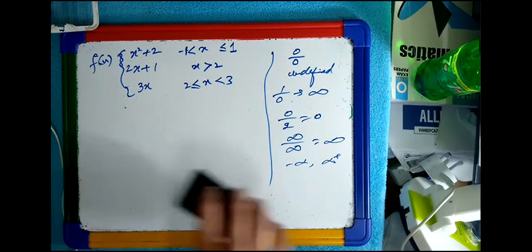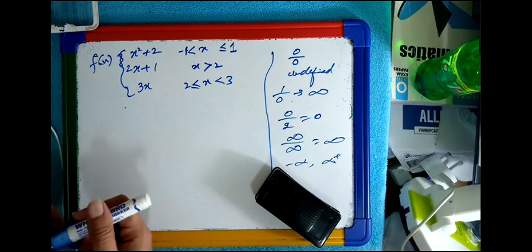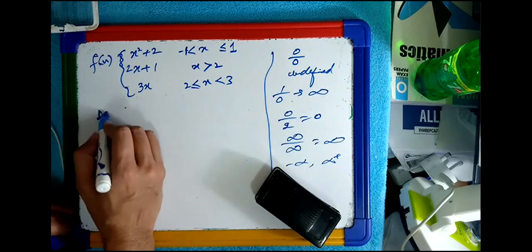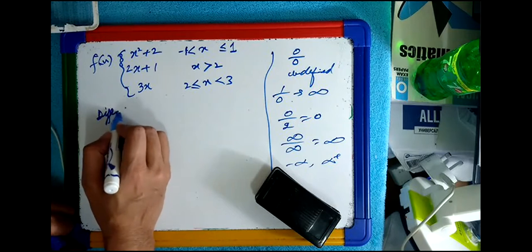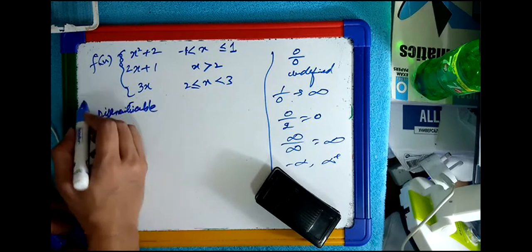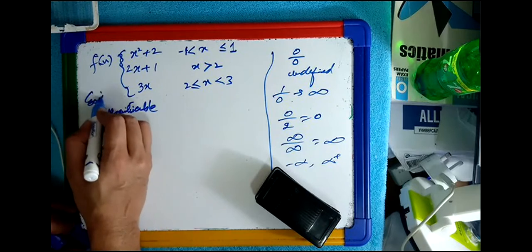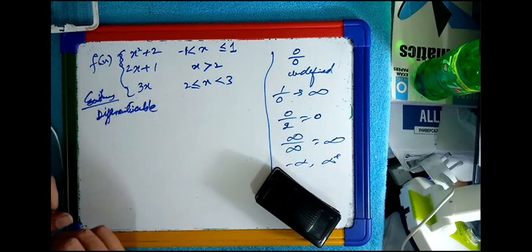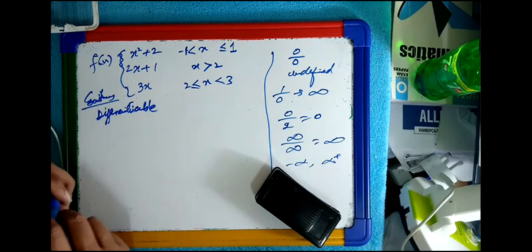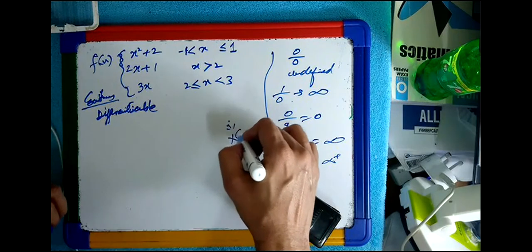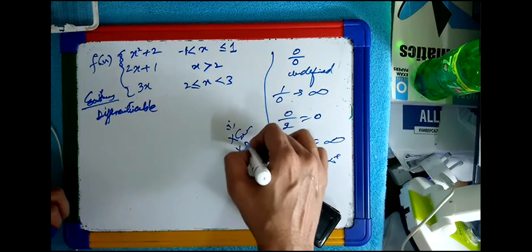I want to check whether this is differentiable or continuous. If a function is not continuous, it will not be differentiable. One thing you must remember: if not continuous, then not differentiable.